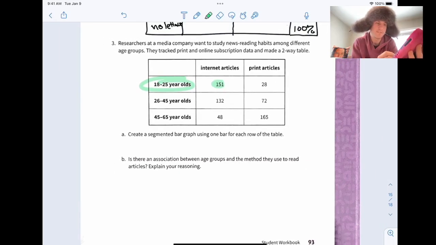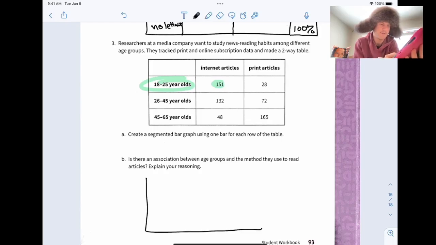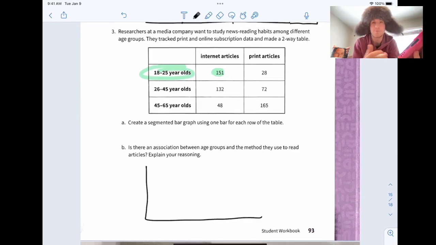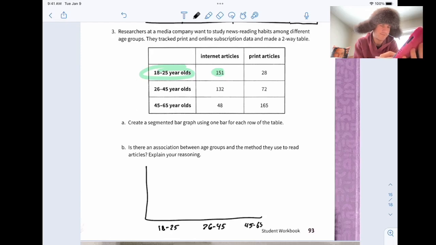Okay, using one bar for each row of the table. So that would mean in your segmented bar graph, each bar would be representing the row. So we've got 18 to 25, 26 to 45, and 45 to 65. And that's whether they get their news from the internet or from print.